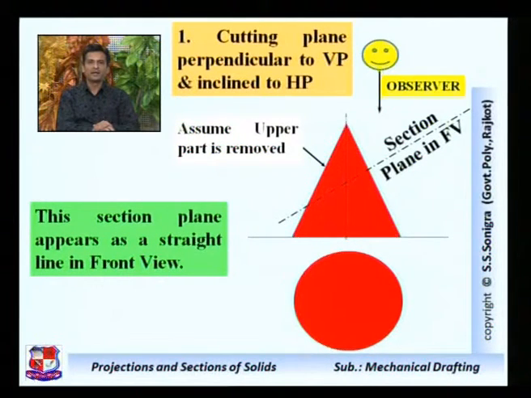And here, as far as possible, we should assume that the upper part is removed, or otherwise the smaller part should be removed. It is the normal convention. In this section, the observer is looking from the top, so we assume that the top part is removed and the object which is away from the observer is retained with us.